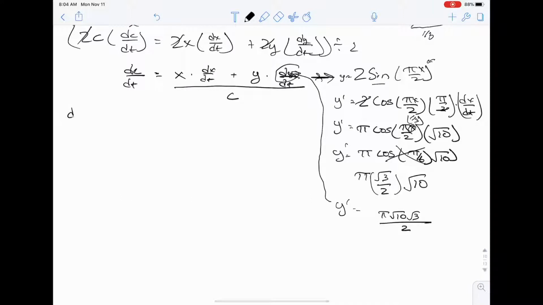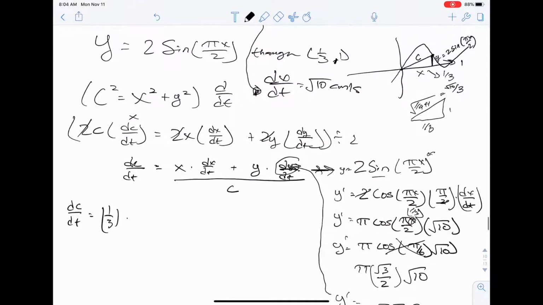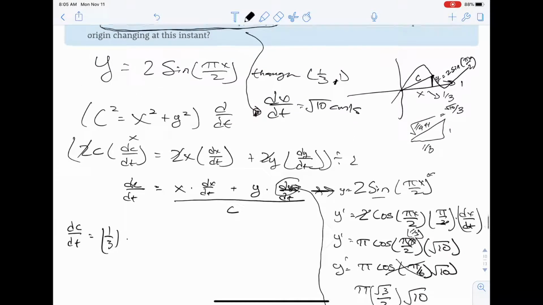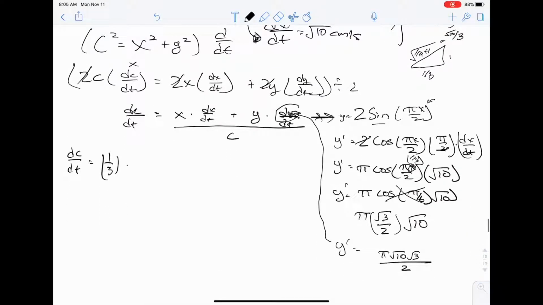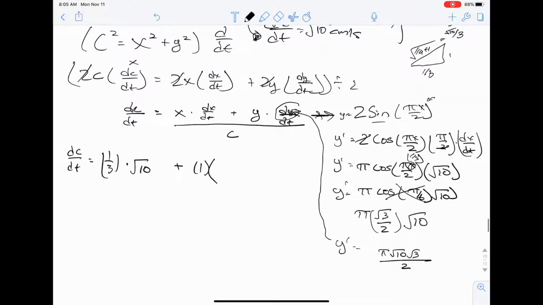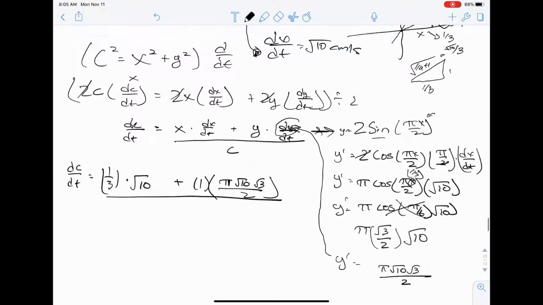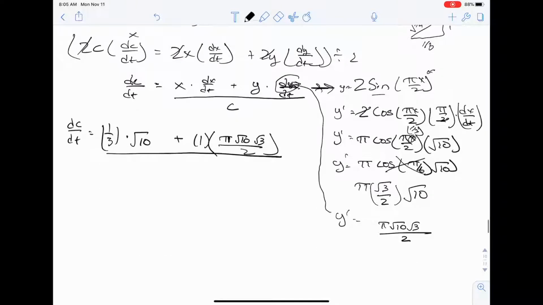So dc/dt equals 1/3 times dx/dt, the derivative of x with respect to t, which will just be square root of 10, plus y, which is 1, times pi square root of 10 square root of 3 over 2, all over c, which is what we got right here as square root of 10 over 3.